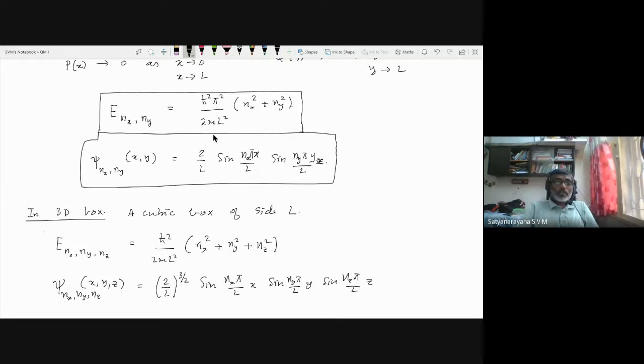So these are the energy eigenvalues and energy eigenfunctions for a particle in a three-dimensional box.